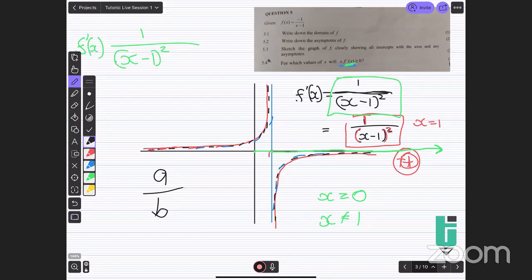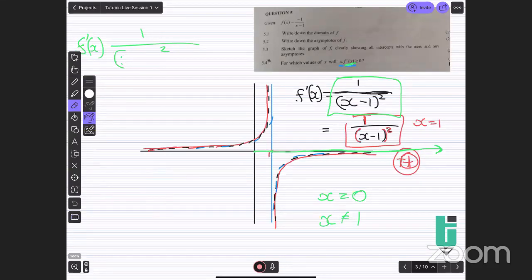A must be equal to 0. In other words, the numerator must be 0. You guys agree? In this function, the numerator is 1. Can 1 ever be 0? No. Therefore, the gradient can never be 0.